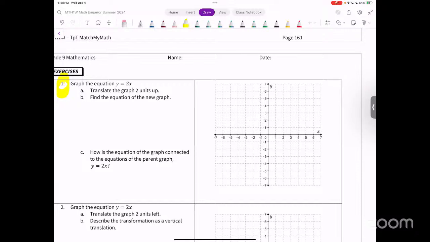The new equation? That's right. Find the equation of the new graph. Are you done? Did you graph it? You said it was wrong. The graph. Yeah, that's still wrong. The graph's not right.